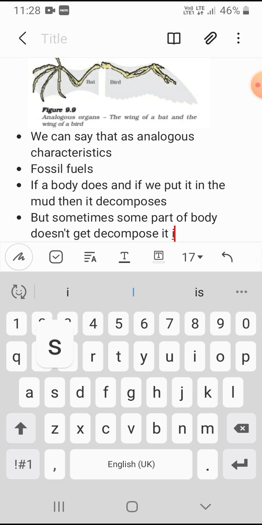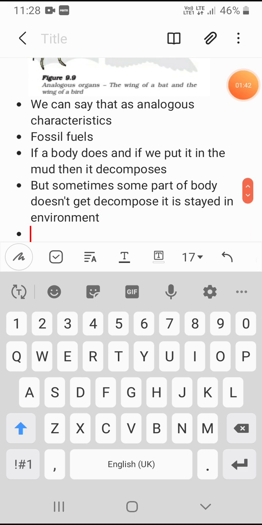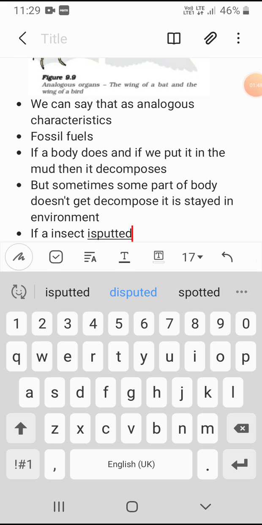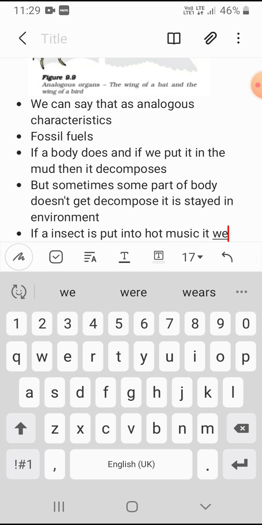It stays in the environment. If an insect is put into hot mud, it will not decompose.